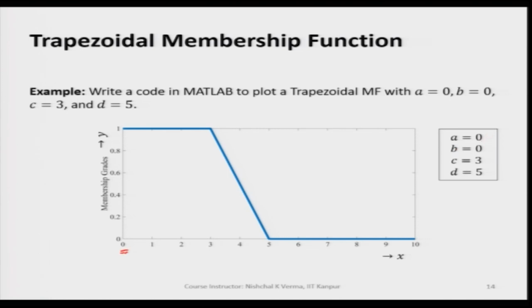So, the 2 vertices a and b are at this point, and then c is equal to 3 and d is equal to 5, so we have 2 more vertices at different points. So, here we can make a left open membership function also using this trapezoidal membership function formula.